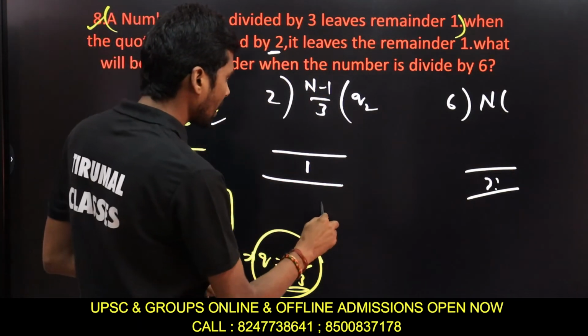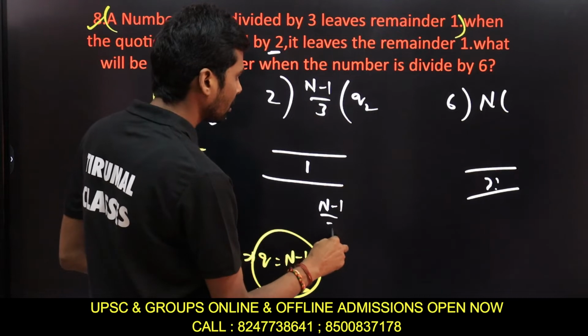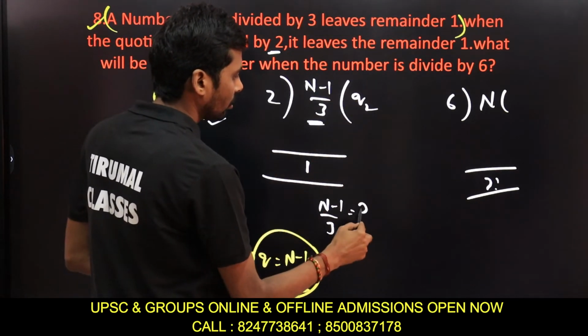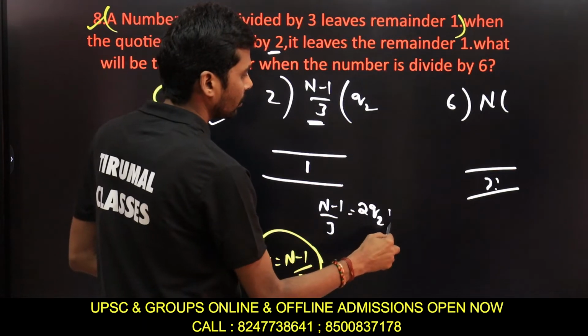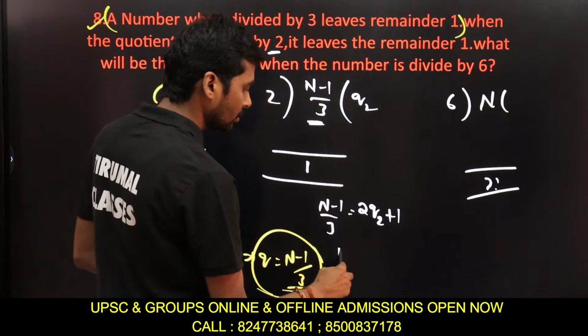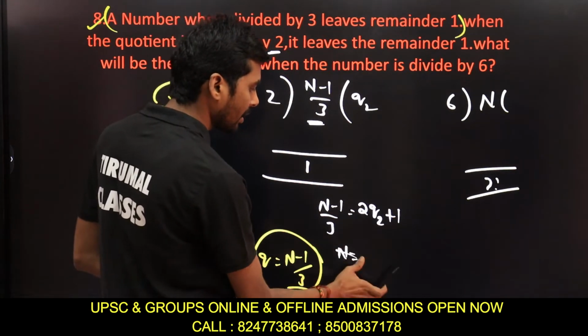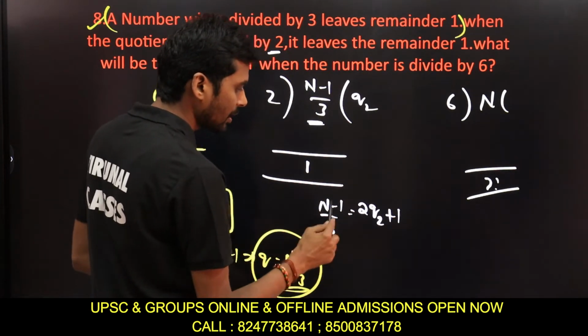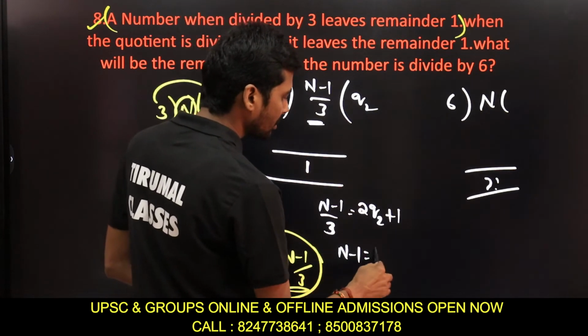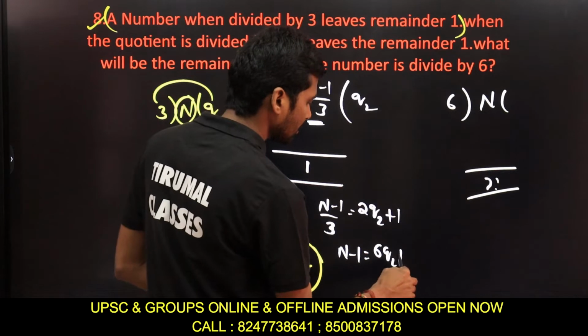Then it becomes (N - 1)/3, the dividend, is equal to 2q2 + 1. Right? If you cross multiply, N - 1 is equal to 3 into 2q2, that is 6q2 + 3.